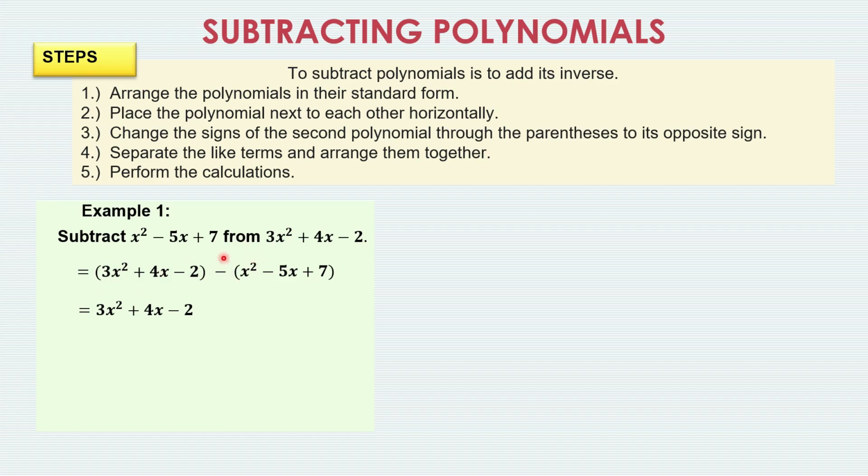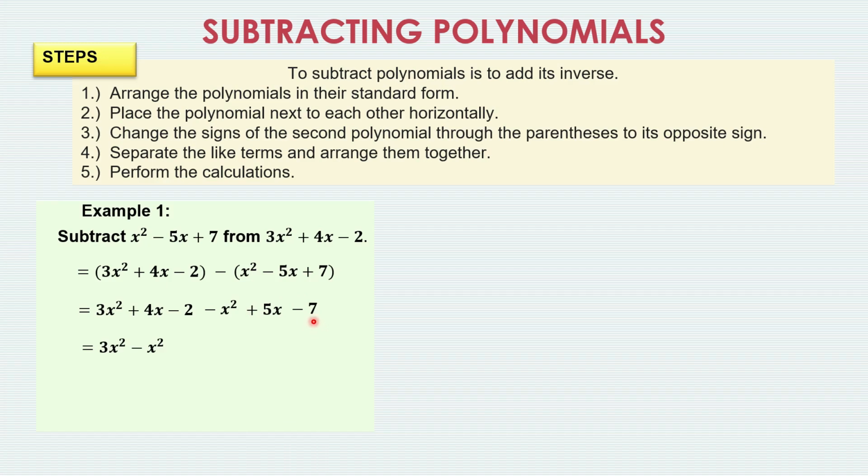So we have negative times positive x squared, that is negative x squared, negative times negative 5x, that is positive 5x, and then negative times positive 7, that is negative 7. And as you can see, we have accomplished your third step since we already changed all the signs in your second polynomial, or your subtrahend. It is now in its opposite sign.